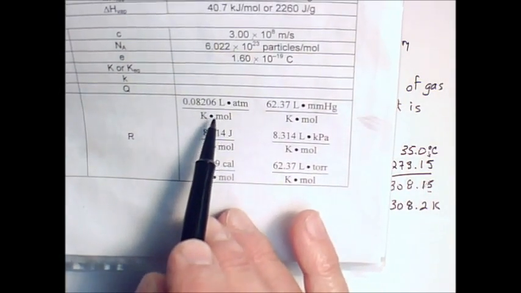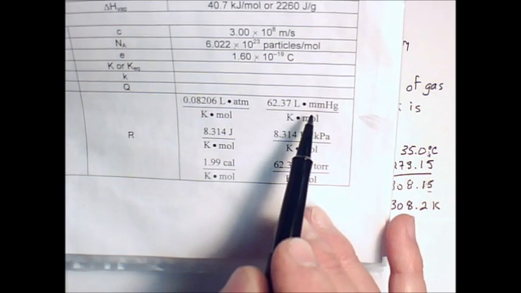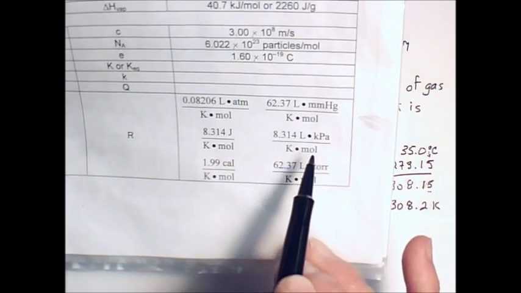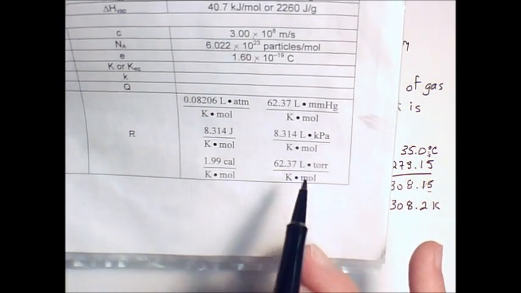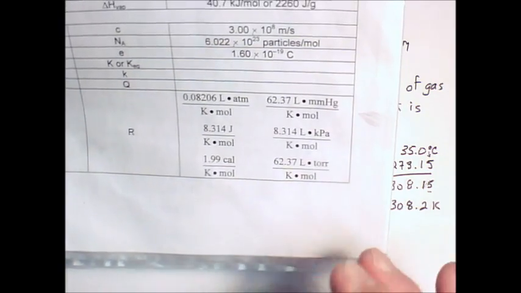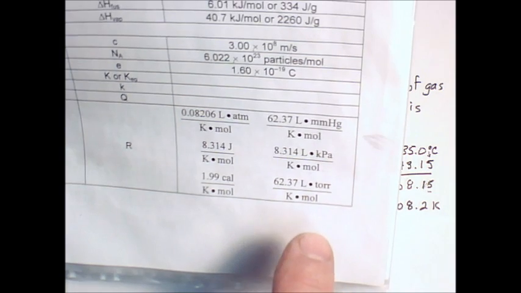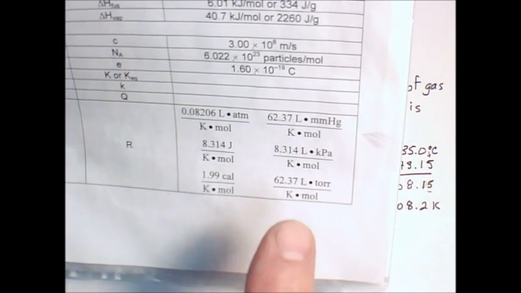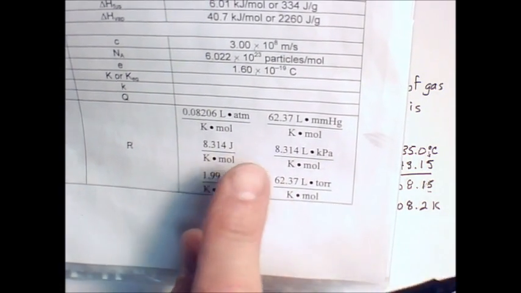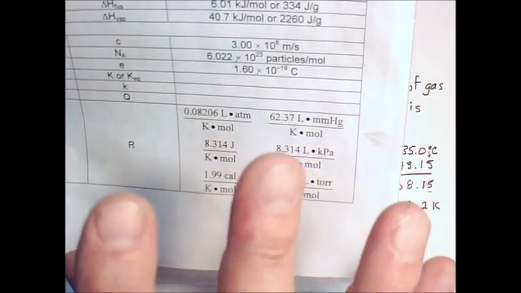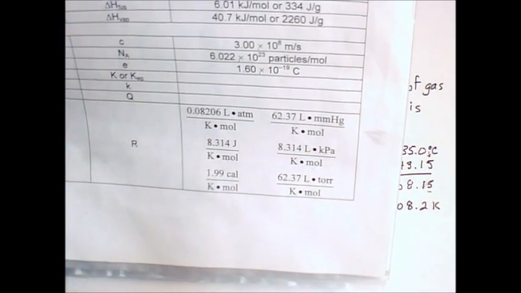So you can give me the answer using any one of those 4. As you correct the paper you're grading, you have to look for the correct version of R they're using, one of these 4, and use it properly.